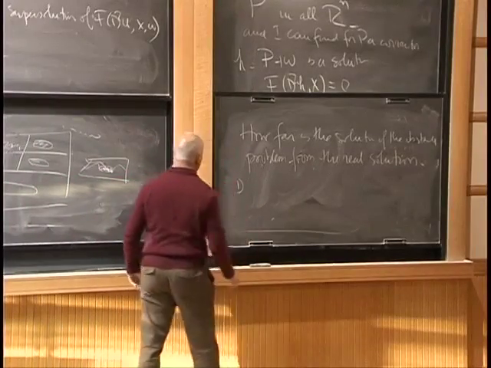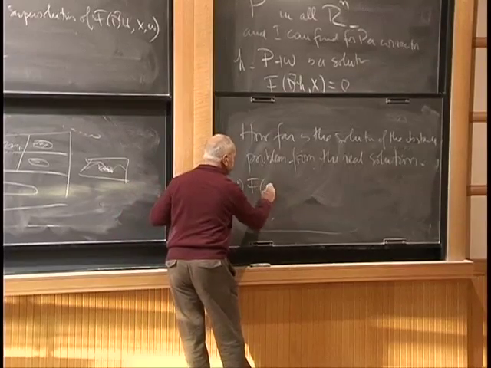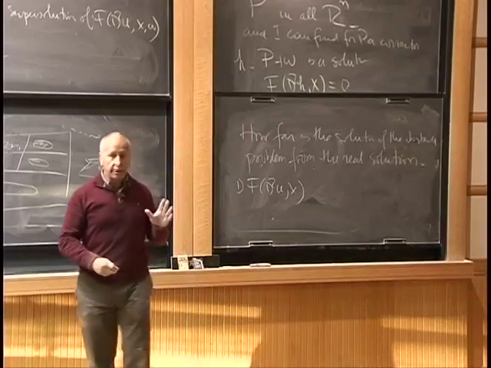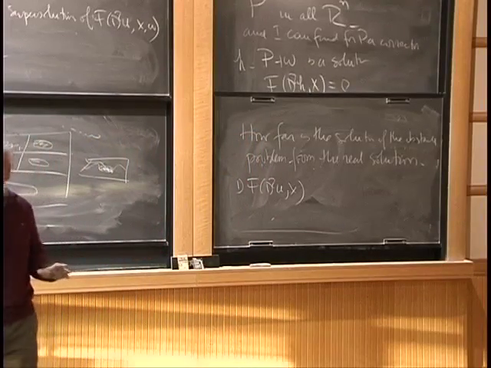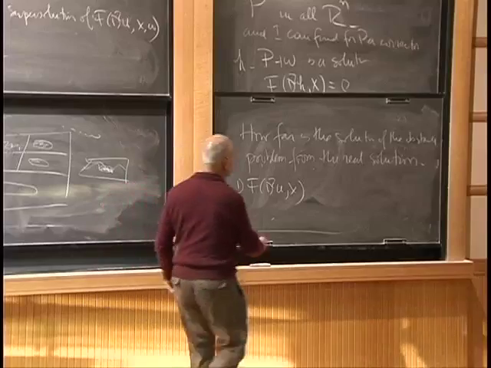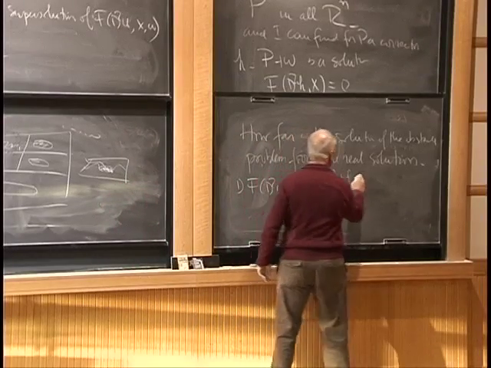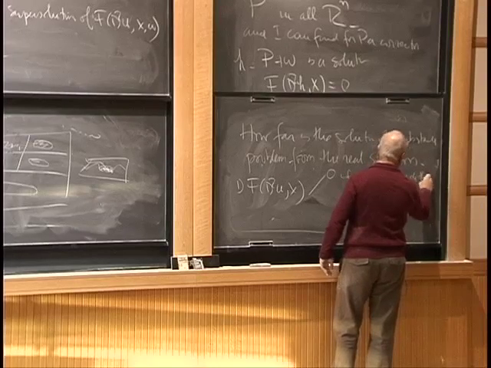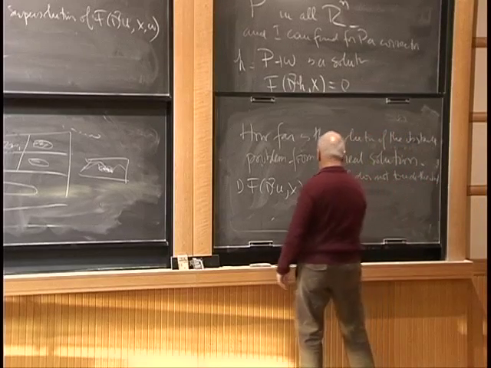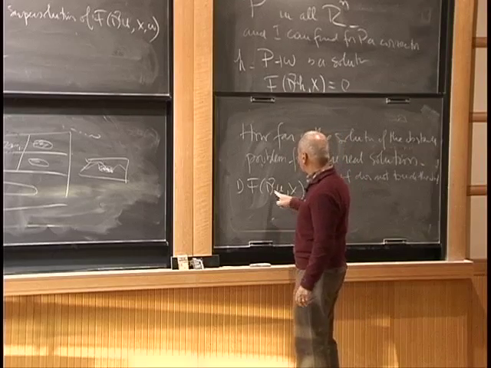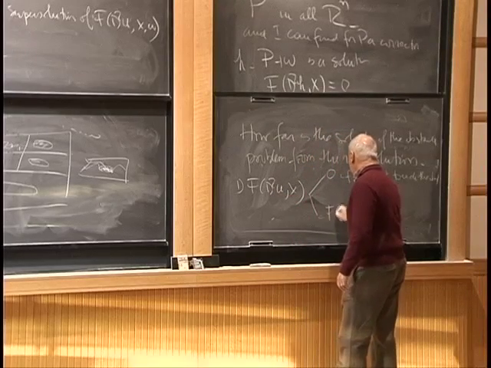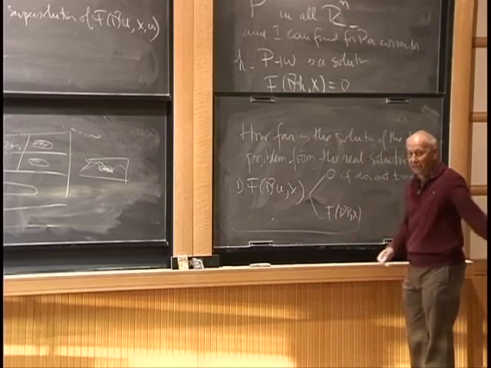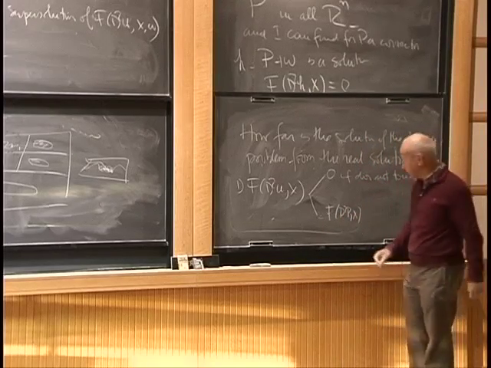One is, okay, F of the D square of u and x is 0 when it doesn't touch the obstacle. And when it touches the obstacle, it is the same as F of the D square of p of x, which is something bounded, because the quadratic polynomial, its D square is bounded.